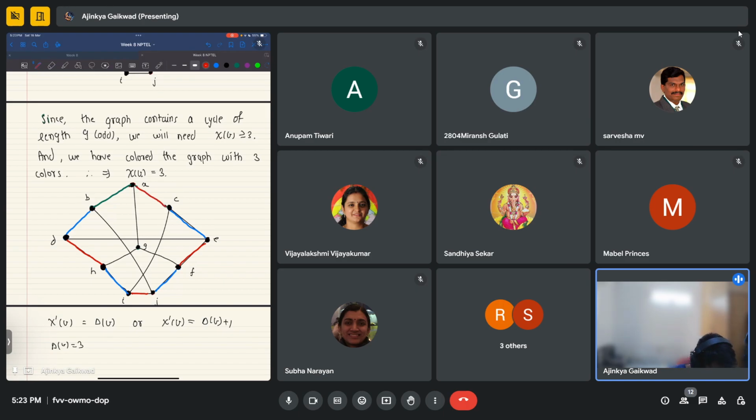Now I can color CI with green, right? So this is fine. Now the problem is with the edge BJ. Similarly, okay, let me do this. Green.